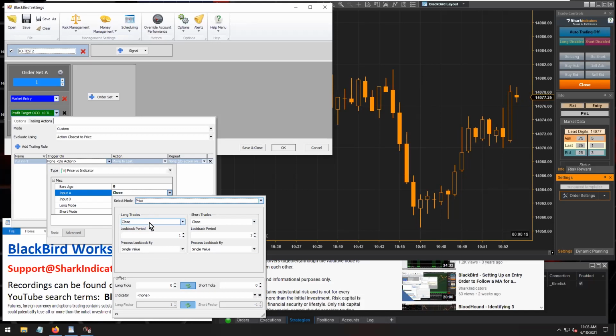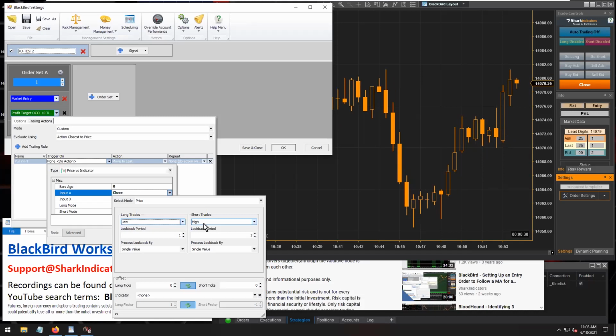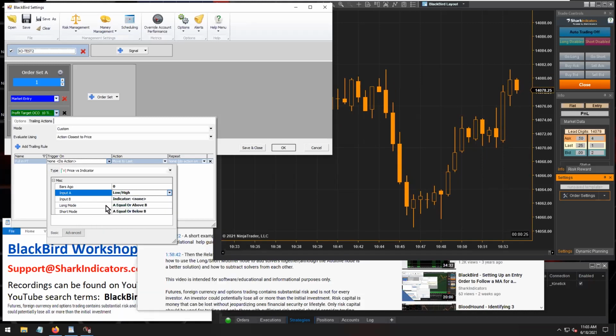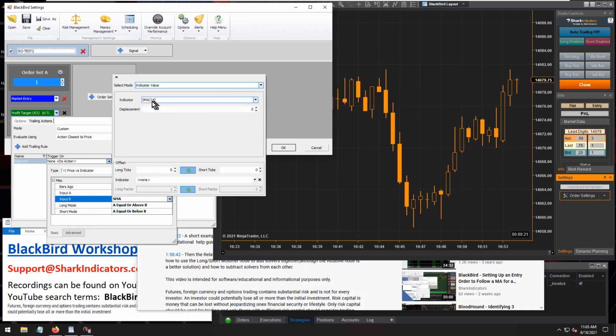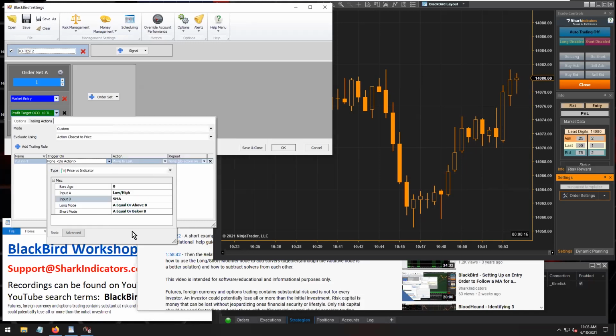To be more liberal, let's say on a long trade, if the low price touches our moving average, that's close enough. If it's a short trade, then if the high of the bar pulls up and touches that moving average, that's our condition. And for the indicator, there's our SMA 14, just a default indicator, so we'll go with that.